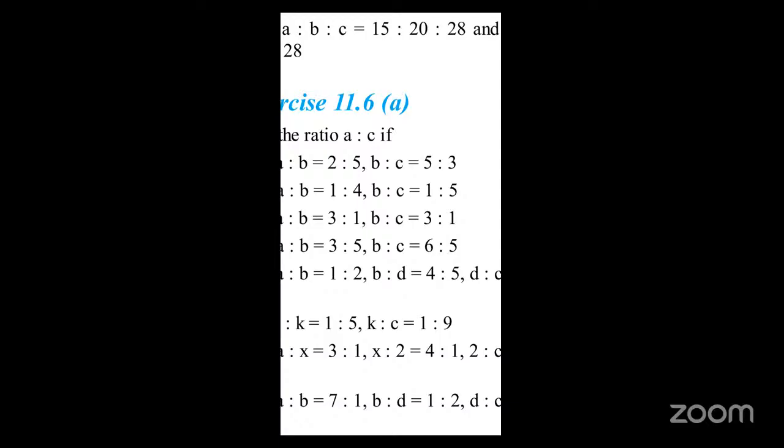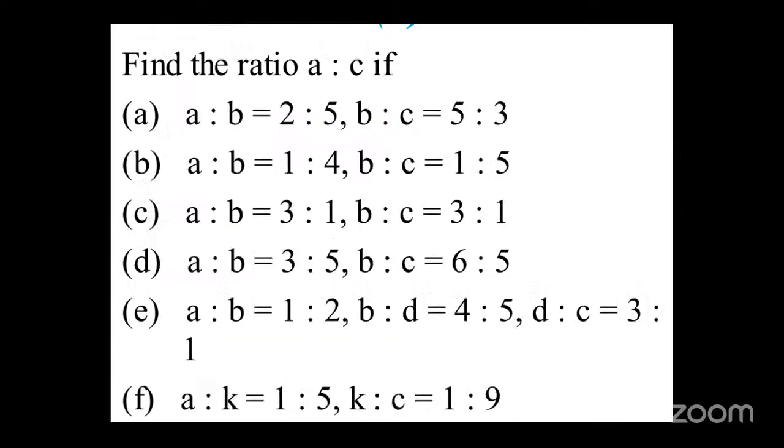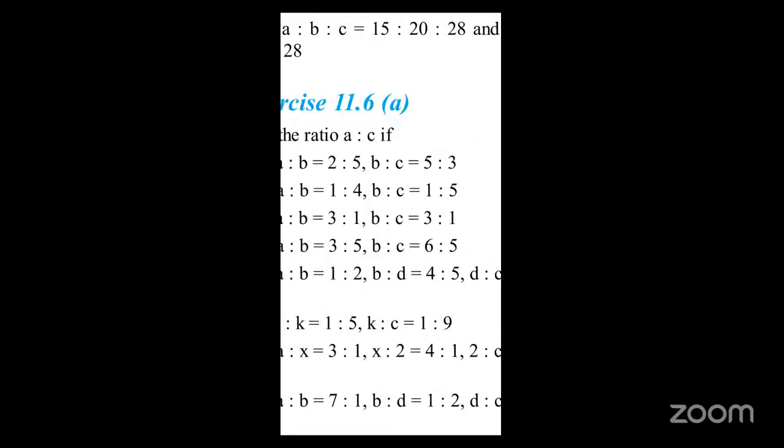Teacher, I have seen there is a mistake. Let me repeat. Yeah, it is 9:1. Are you done? Yes. 9:1. A is to C is 9:1.